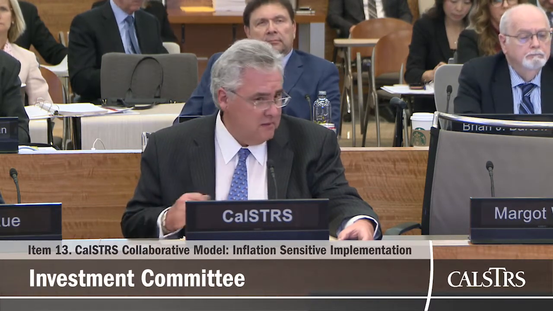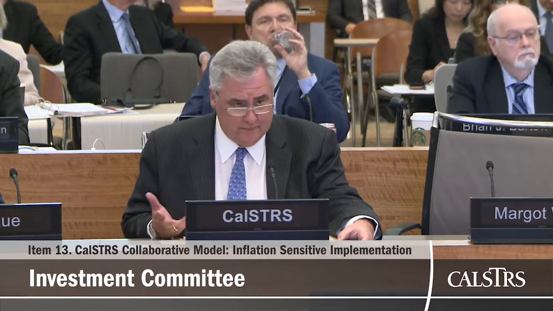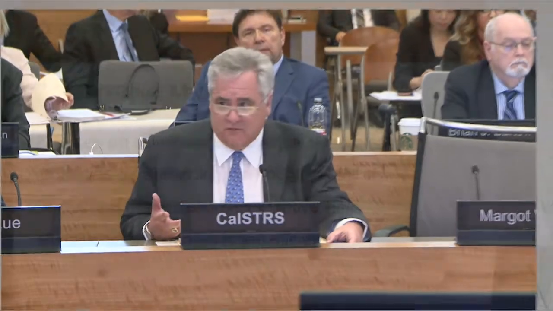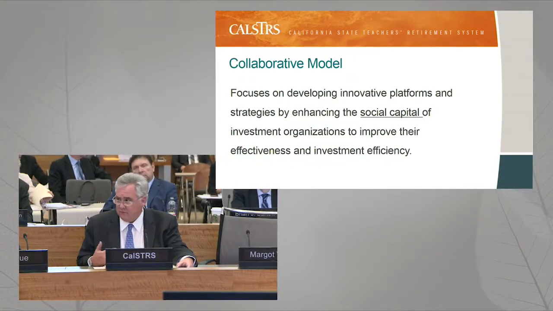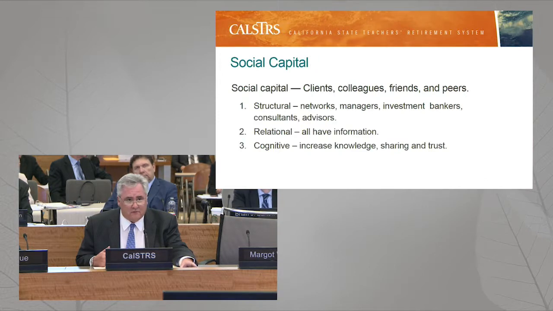And that's what we talked about, people, bodies that can go out there and communicate. So essentially what we're going to be doing is talking a lot more than we have in the past to a lot of different groups of people in terms of either co-investment, accounts, and things like that. So part of that social capital is clients, colleagues, friends, and peers.